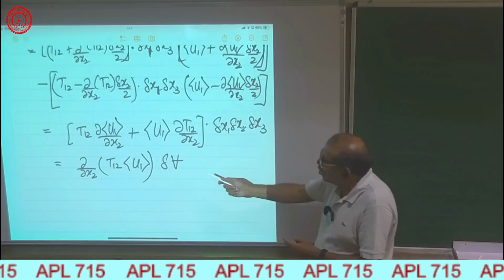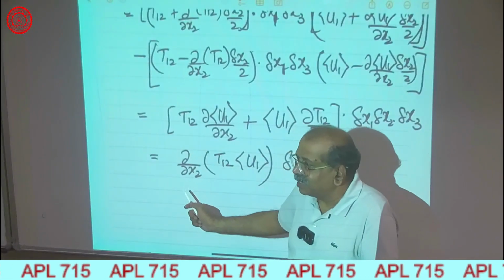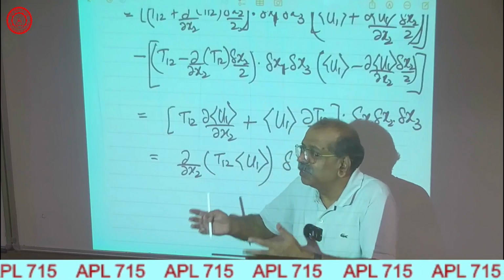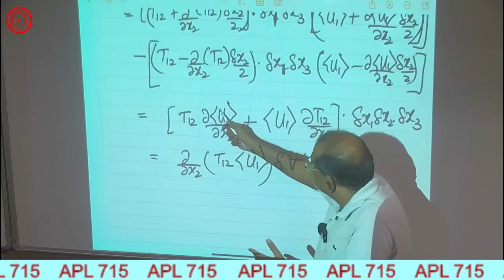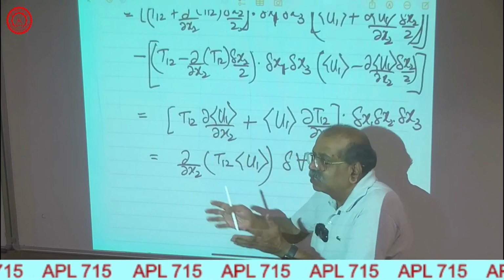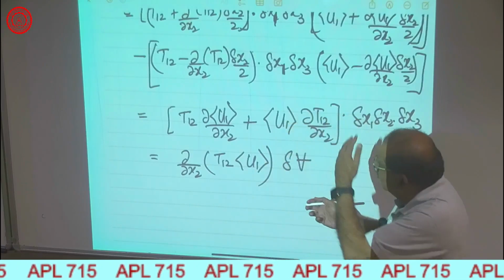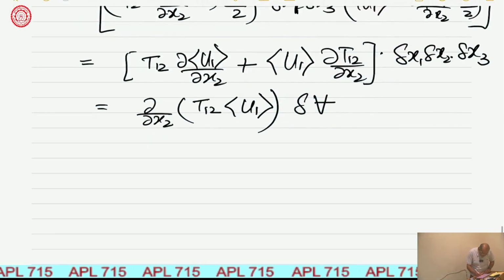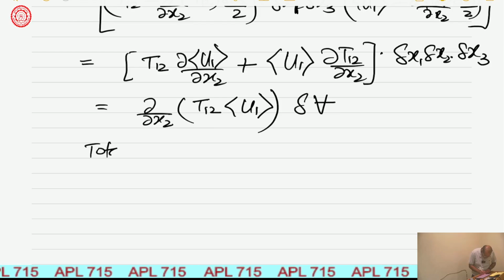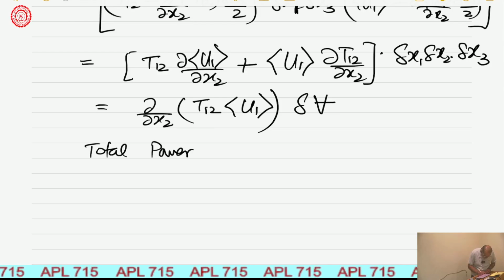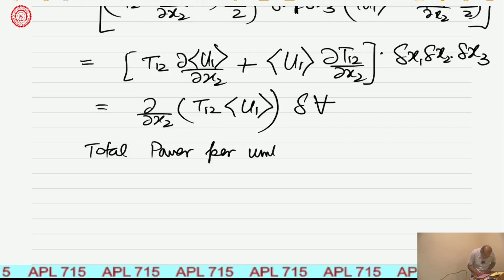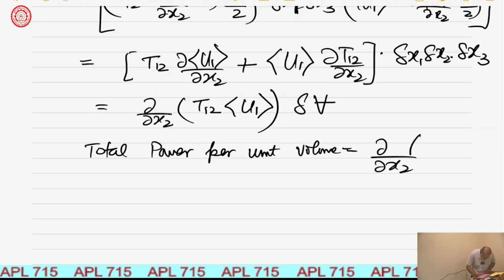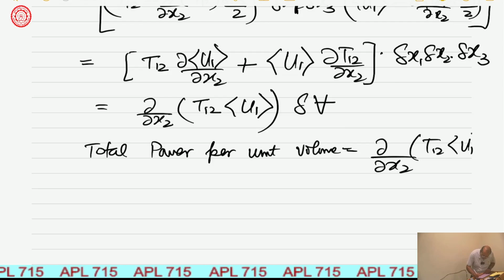But again, as we recall, because this term is a total derivative, it will basically be doing the job of redistributing the power, or redistributing these stresses which are the mean stresses, within the volume. So this is the first term, and the total power per unit volume is equal to partial by partial x2 of T12 times mean of u1.